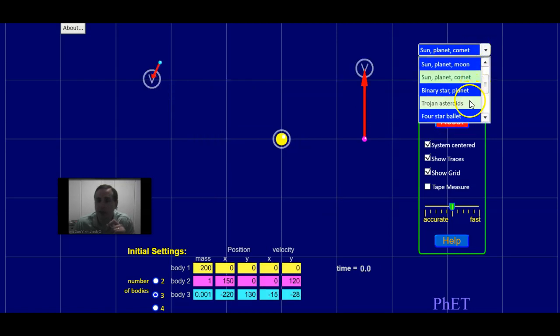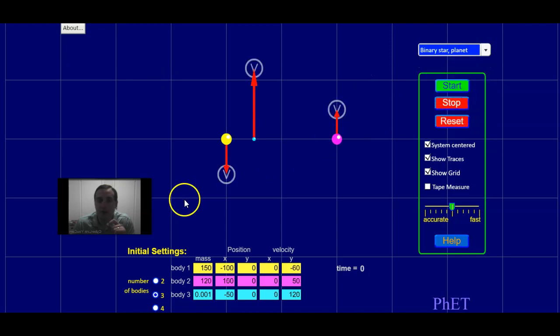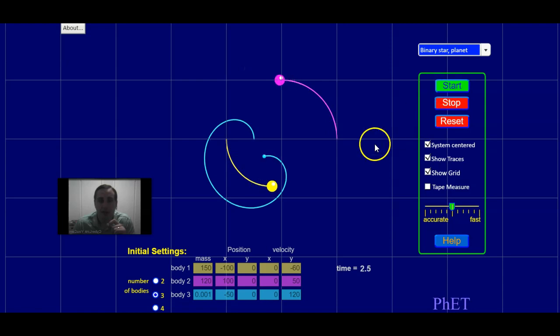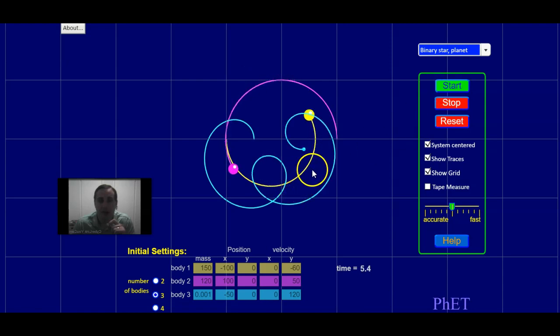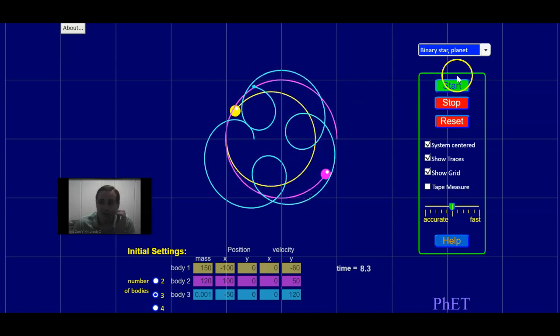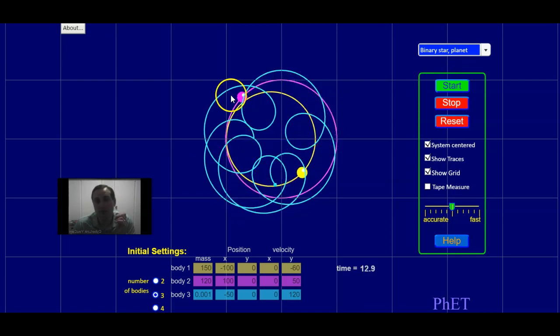Let's take a look at a binary star. Notice that a binary star has planets moving around it. A binary star is going to actually have a nice rotation here, so kind of interesting.